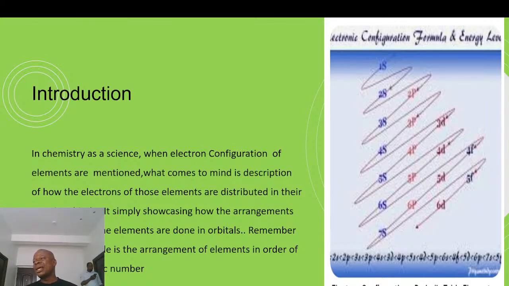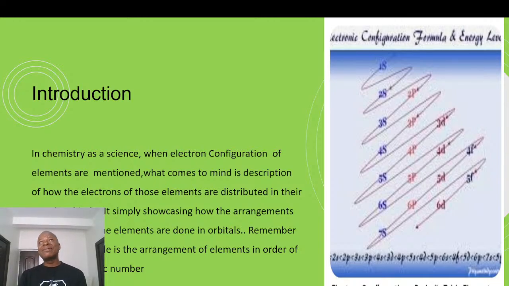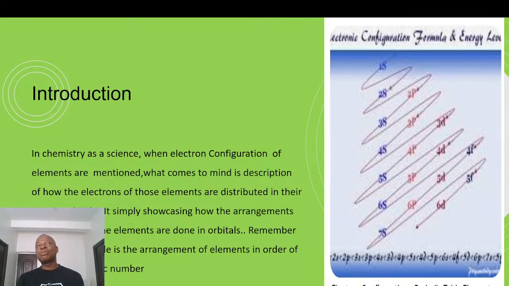Now there's a picture there. If you look at it, there's a picture showing electronic configuration formula and energy level. This energy level puts more emphasis on the shell. We have the shell, which is the K, L, M, N, O shells, which can be represented by 1, 2, 3, 4.